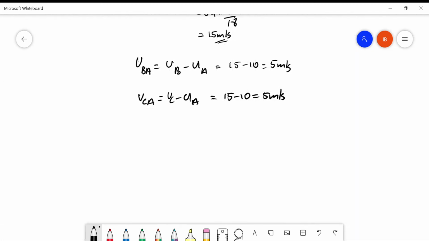Now, the distance between car A and car B is 1 km, that they give, and that is equal to 1000 meter.